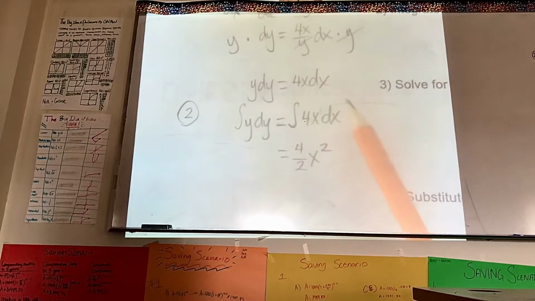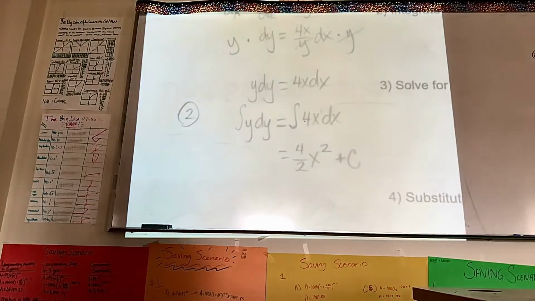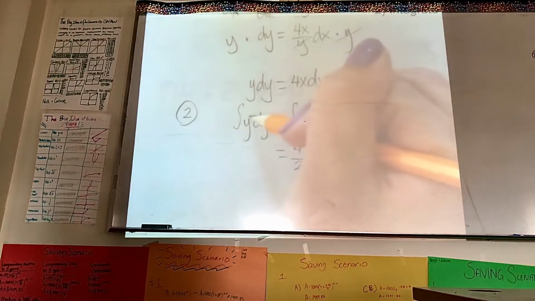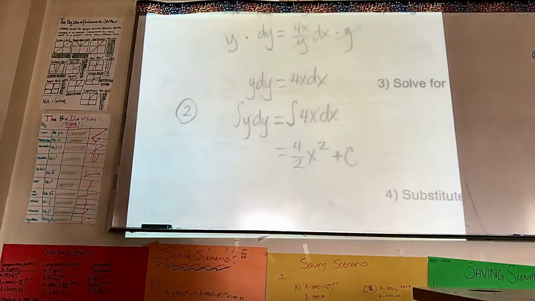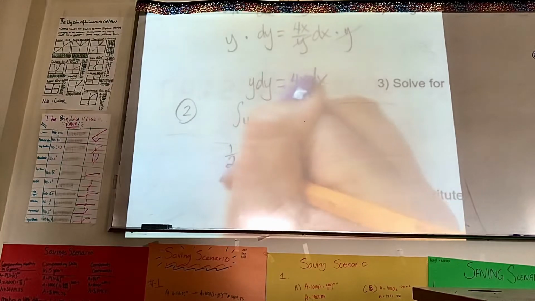That's all. You want to add 1 to the exponent. Okay, so this is the integral. What do I need to add to the end? Plus c. The dx goes away when you integrate. Okay, on the left side now, y works the same way as x. So I add 1 to the exponent. So this is y to the first, right? So it becomes 1/2 y to the second.